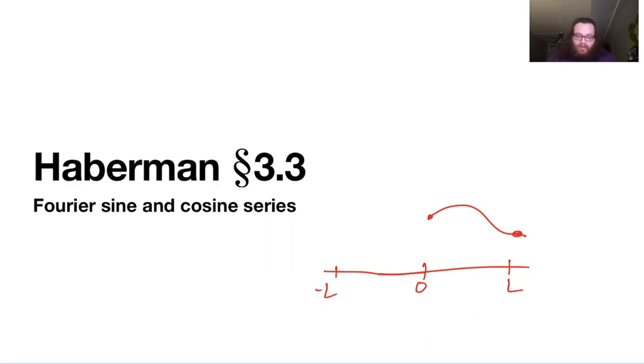Going from the function defined over here to the function defined over here, we actually have a few options. Depending on how we construct this extension, when we compute the Fourier series, we will only get sine or cosine terms. That's the focus for this section.